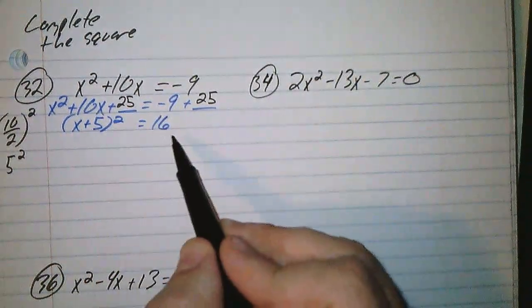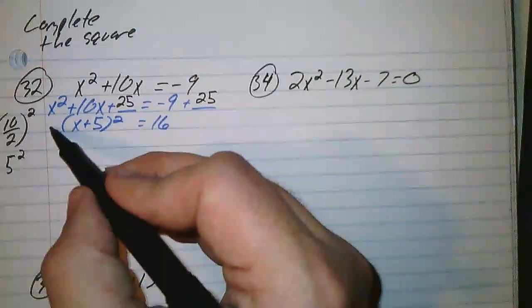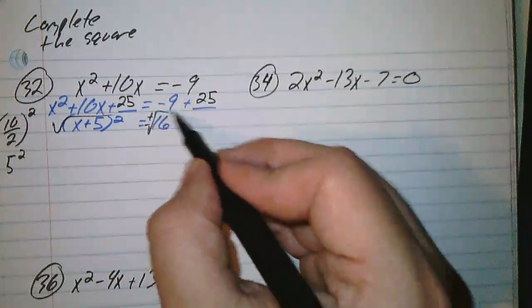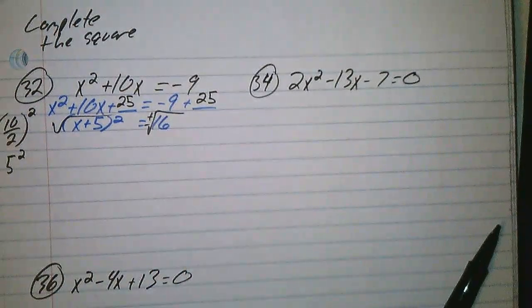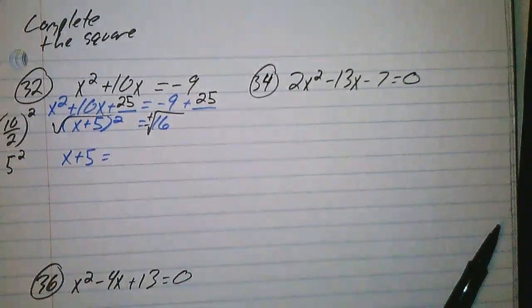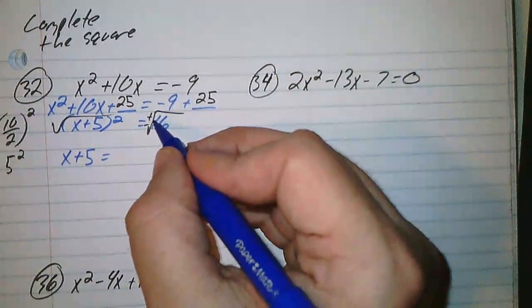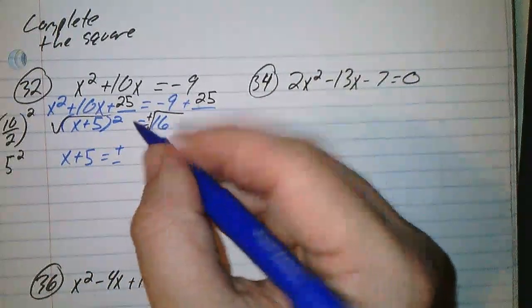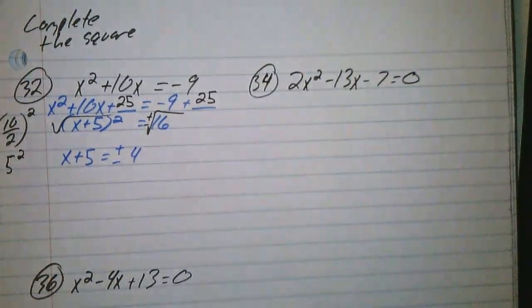I have my squared piece equals 16. So I take the square root of both sides, plus and minus over here. So x plus 5 is by itself. It equals plus and minus, and then the square root of 16 is 4. So make your two little equations.